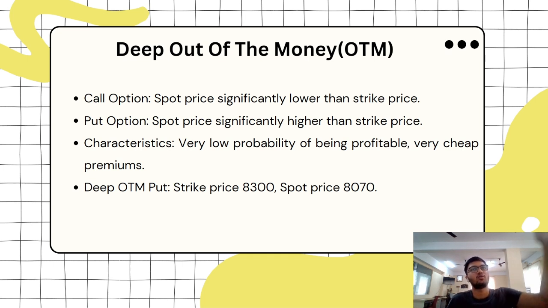When the markets are giving huge directions, but you don't know from which direction, you can buy both the call and the put at the same time. And if the markets move one percent, either up or down, one of the premiums is going to be super low, but the other premium will be so profitable that overall you will be in much more profit. So there are a lot of strategies that you can develop, understanding options and understanding market behavior in general.